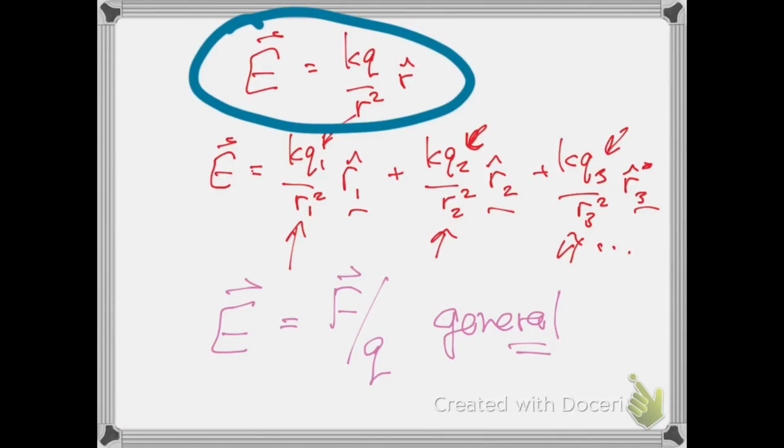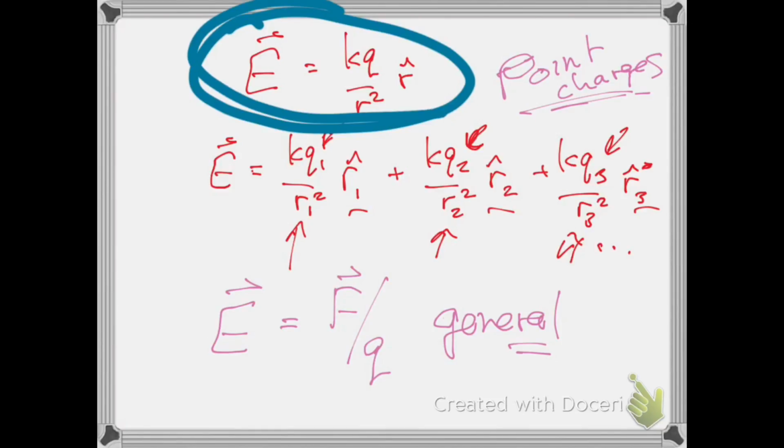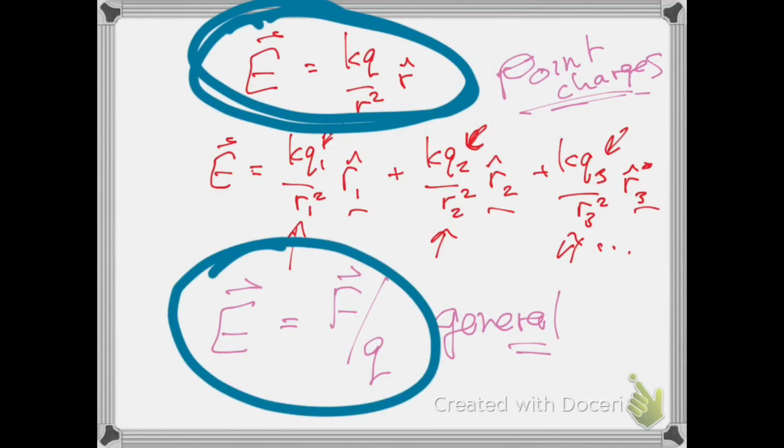It is always correct. This one is for only point charges. That's really important to recognize, because half of you at some point will use this for some general distribution, when really you just need to use this, or you need to use the point charges and add them up.